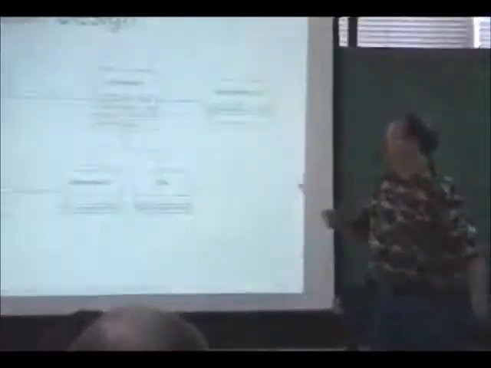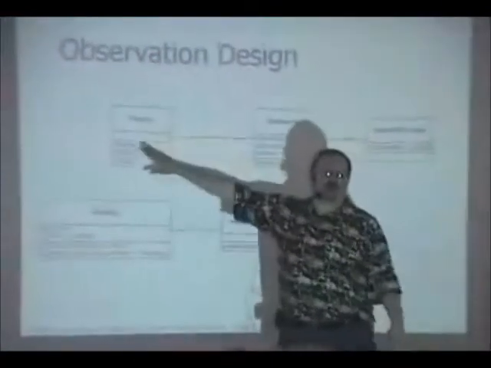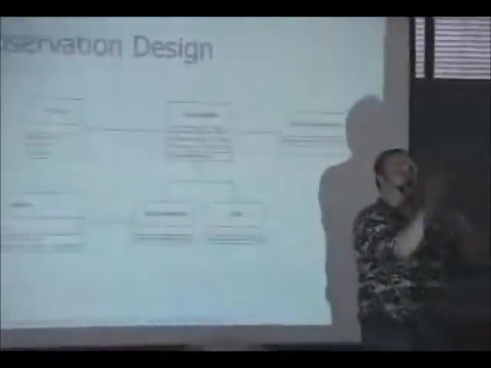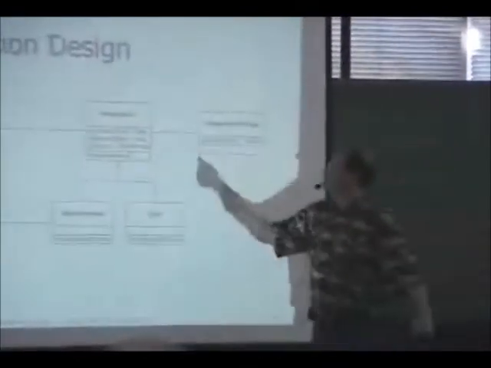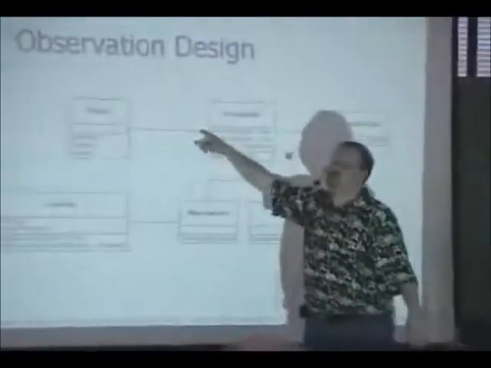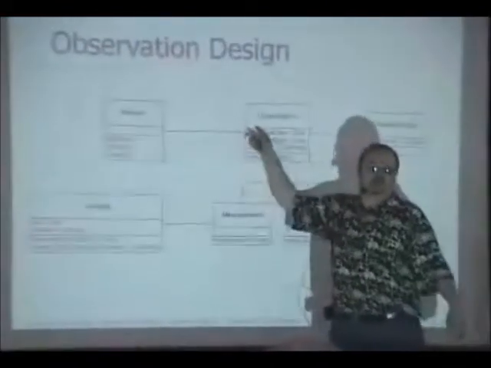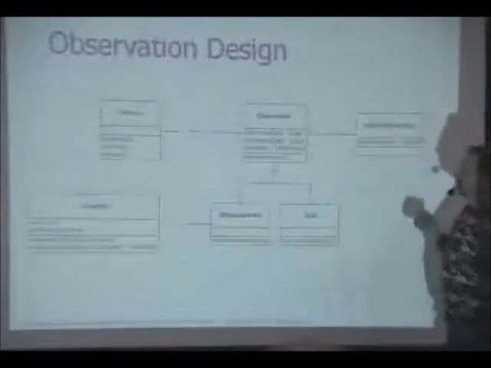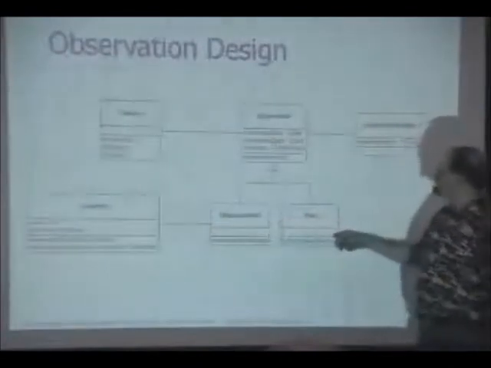So what we did is we started off saying, well, we can break this down and simplify it using some of these well-known patterns. Observations are really a property of people, so we can use the properties pattern, dynamic properties. A person can have, and I'm not showing here, there should be a star, many observations. And as we saw in our previous model, there are really two types of observations.